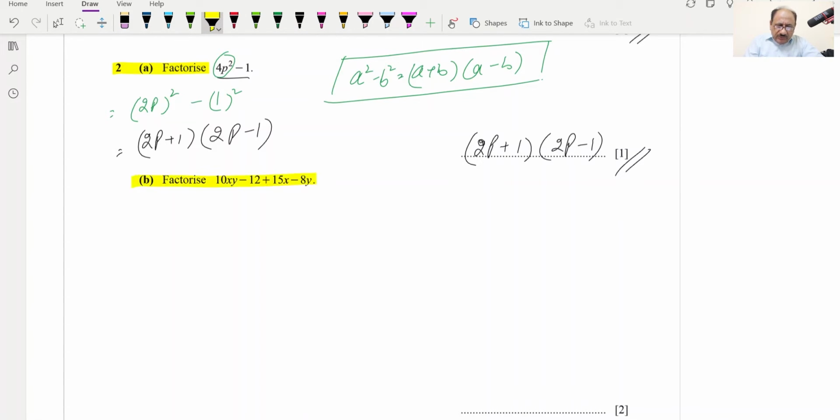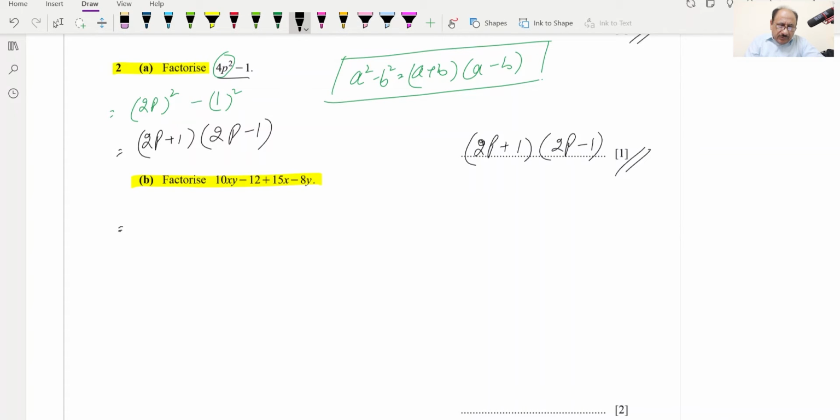Now factorize this expression, so we'll have to add like terms, and we can take common factors, we can make 2 pairs. Otherwise, what we can do is rearrange them first.